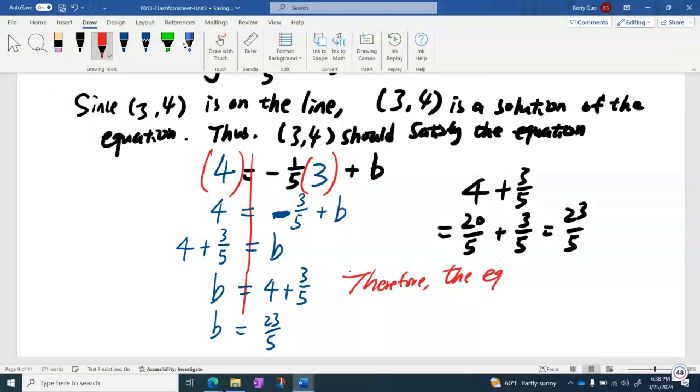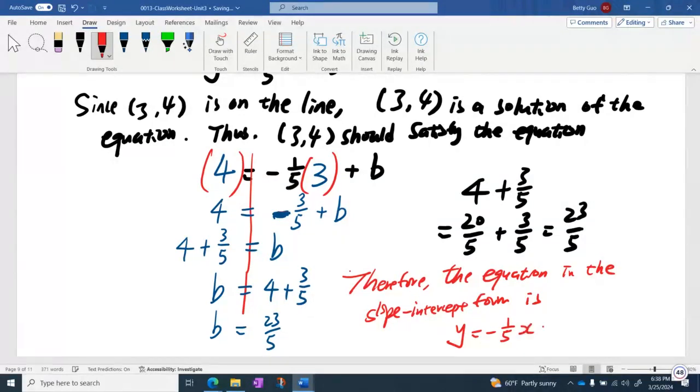Therefore, the equation in the slope-intercept form is y equals -1/5x plus 23/5. And this question is complete.